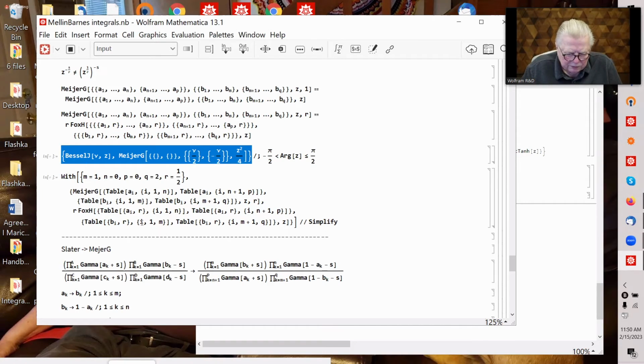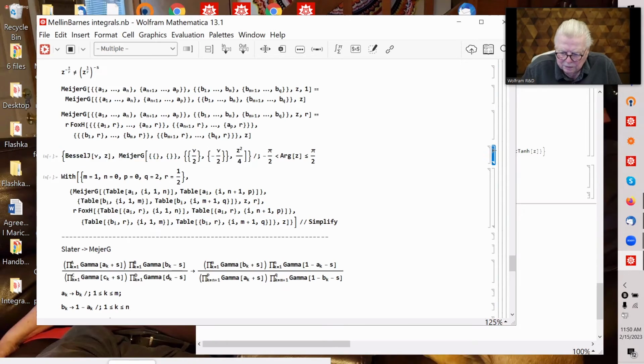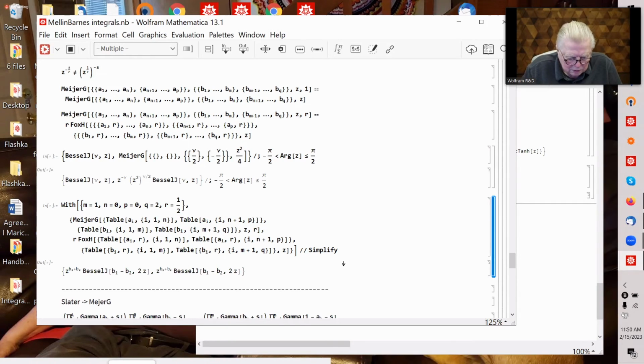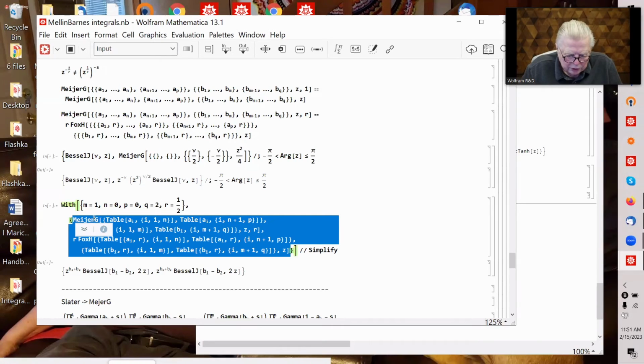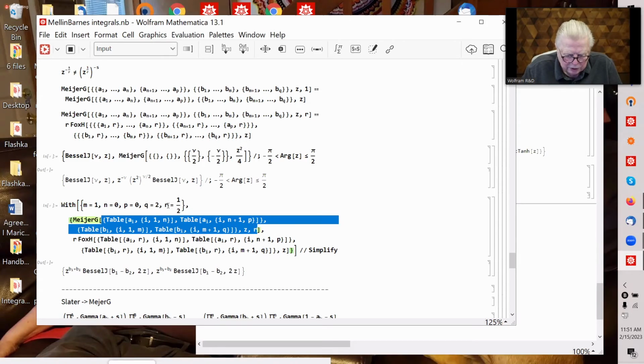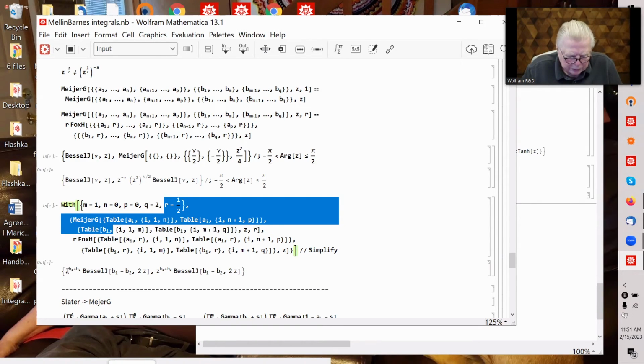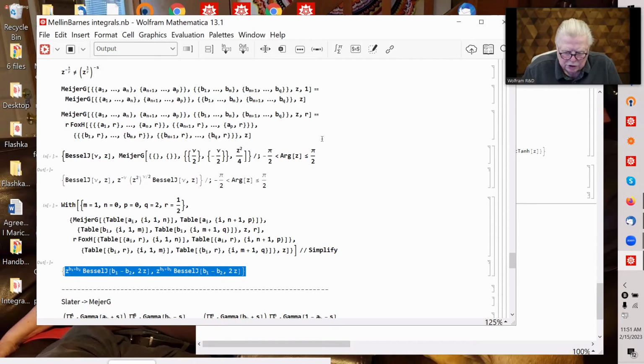But if we have function Fox, this is Fox function, or Meijer G with parameter R equal 1/2, we can represent without any restrictions on argument.